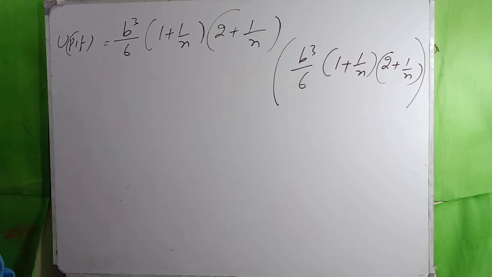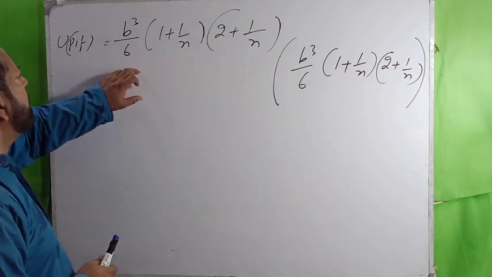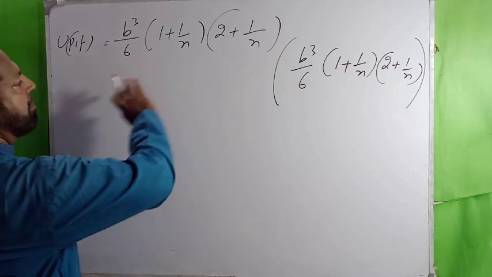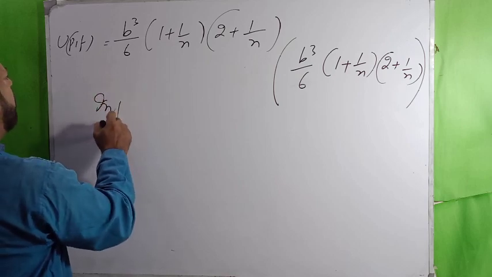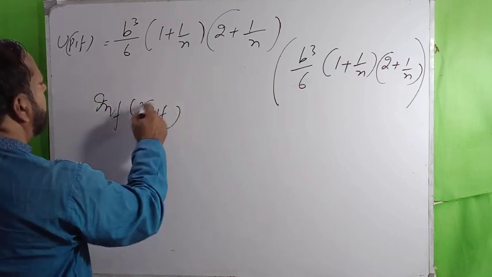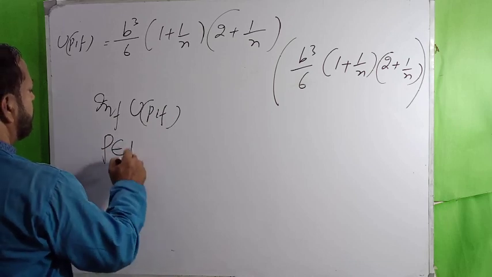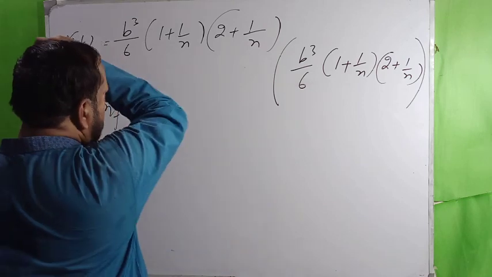Okay, now again think on this. If you are taking infimum over all this, infimum of U(P,f), where P belongs to the set of partitions, what would be equal to?